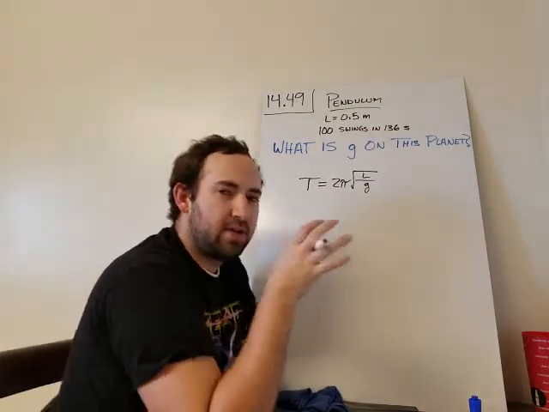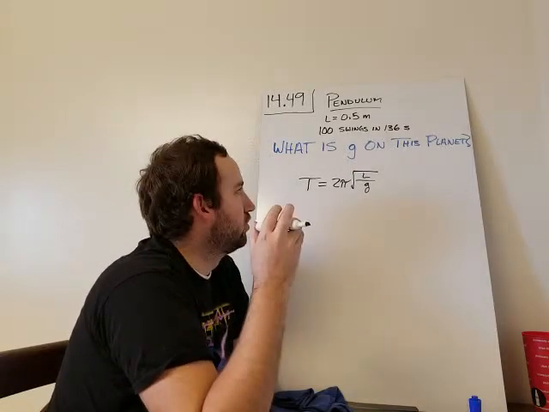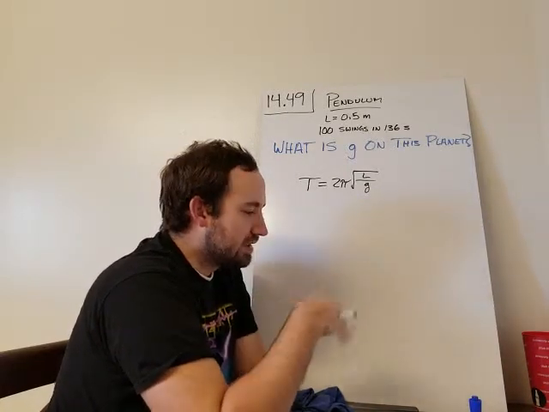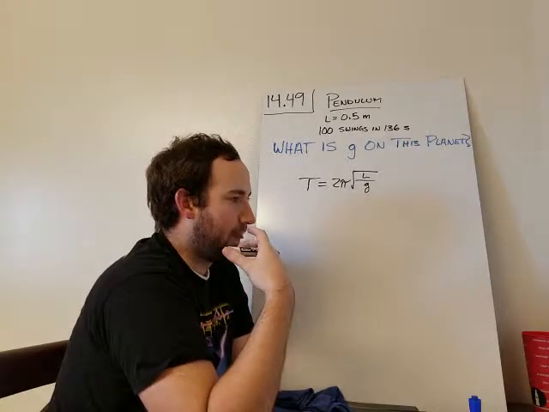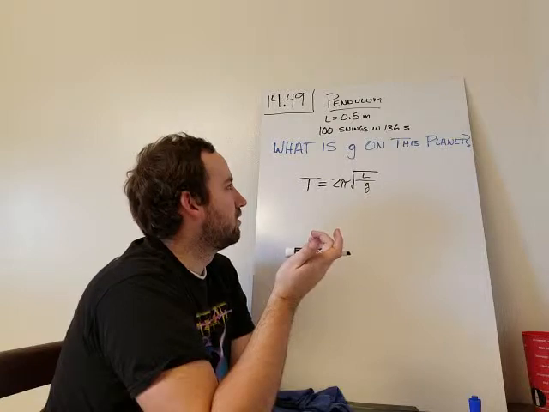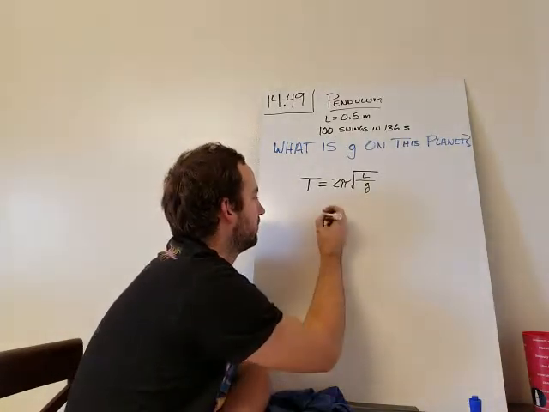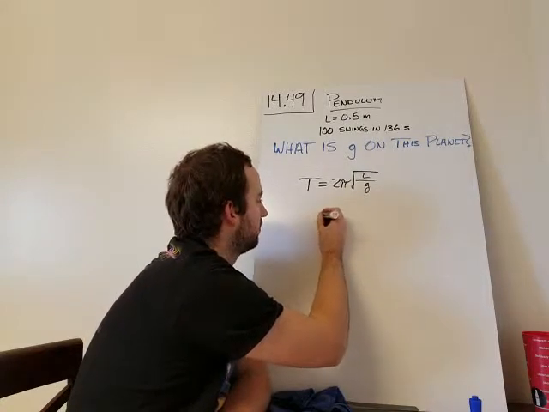We know that a period is the amount of time it takes to do one cycle of, in this case, a pendulum. And so we just need to divide. We'll want the seconds on top.